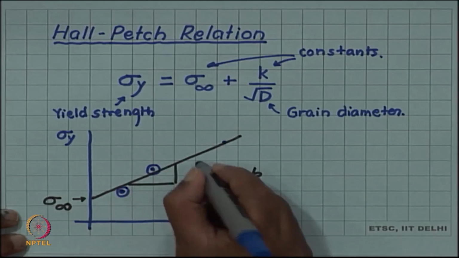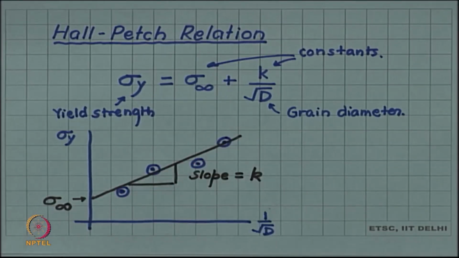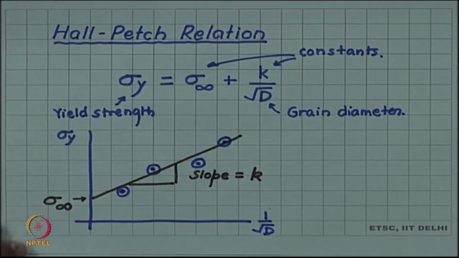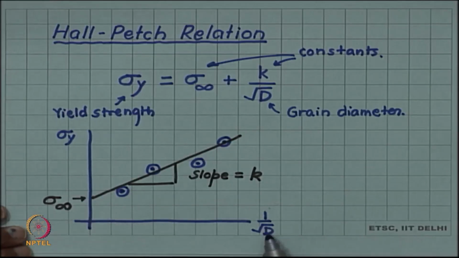These are your data points. You can give a physical interpretation of sigma infinity. You can see that sigma infinity is the yield stress at 1 by root d equal to 0, which means sigma infinity is the yield stress when d is infinity.